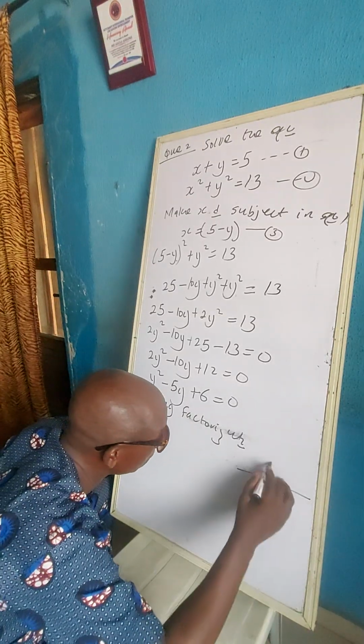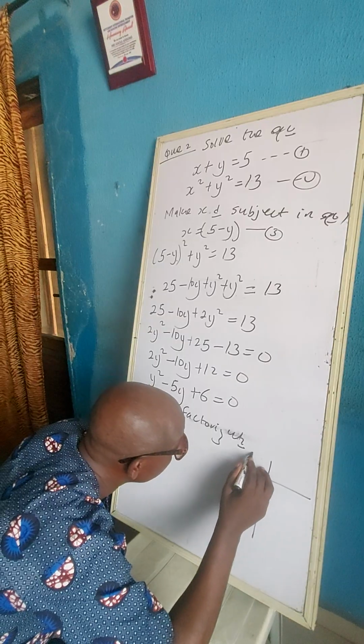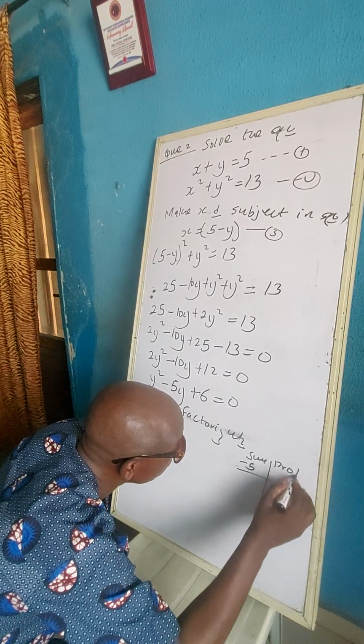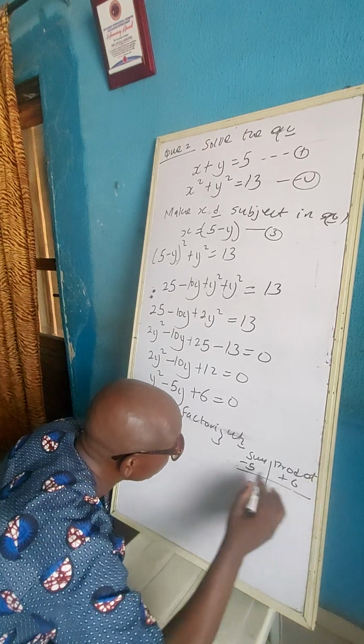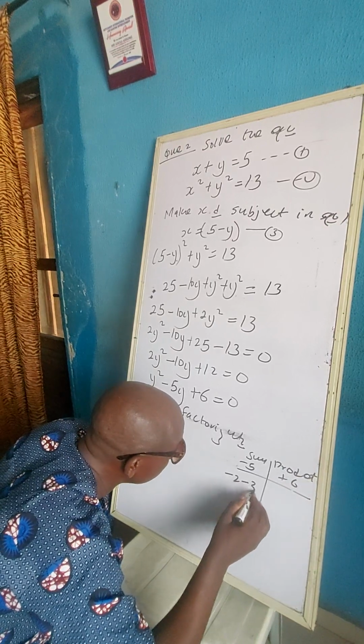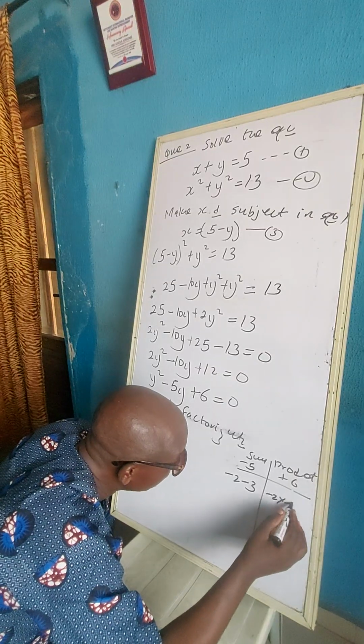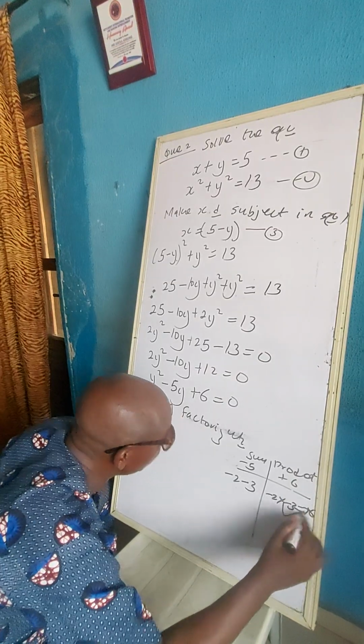Trial and error method. Sum minus 5, product plus 6. The two numbers, minus 2 and minus 3, give us minus 5. Minus 2 times minus 3 will give us plus 6. We use this.